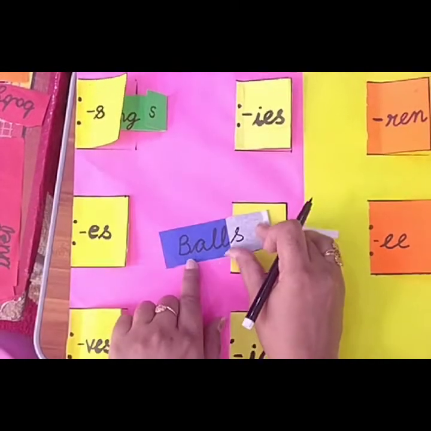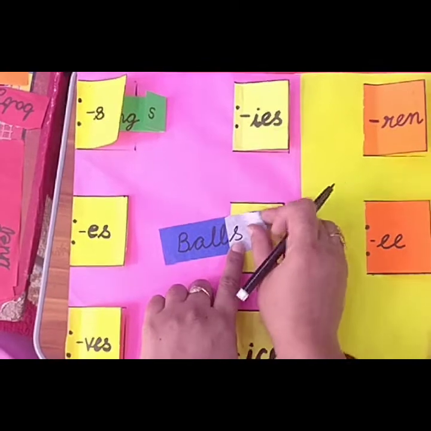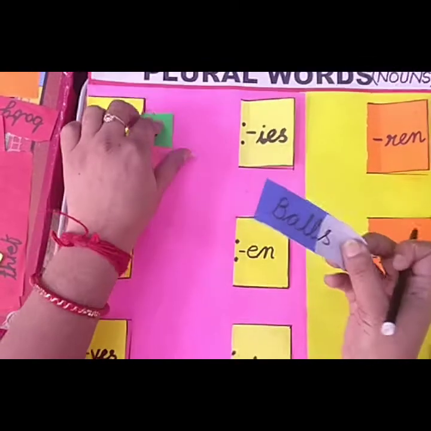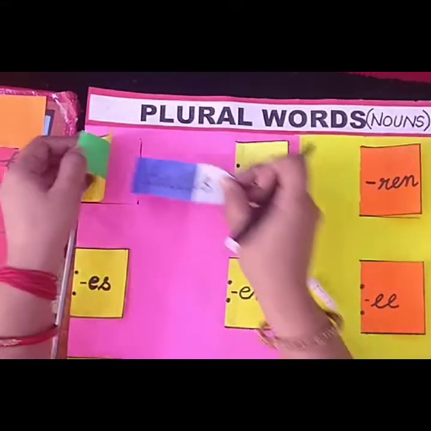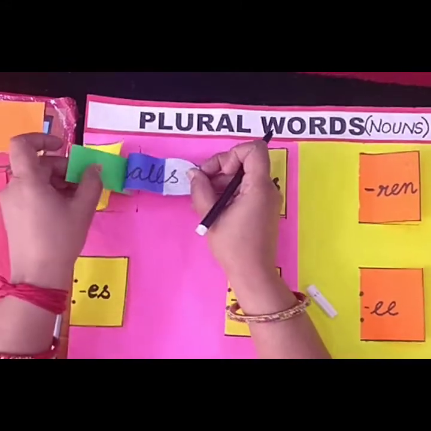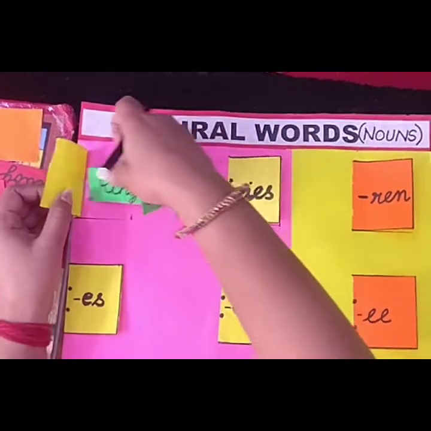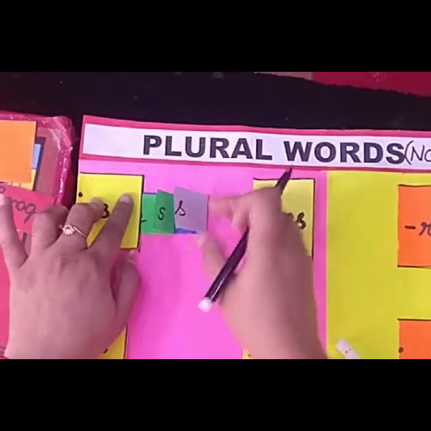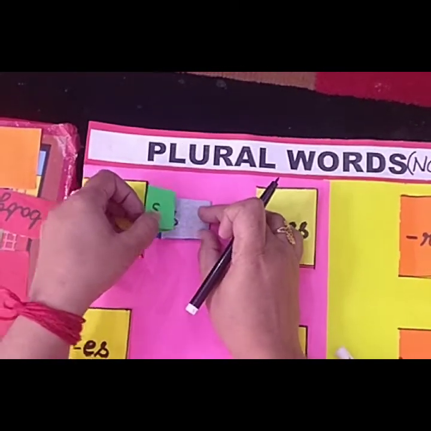Now the word has become balls from ball, right? So again I will put this word under the book cover S, and place it here. This chit is too long, so you can make it short also, right?